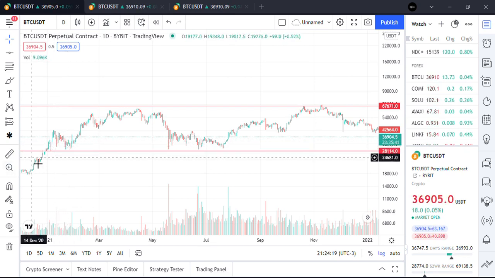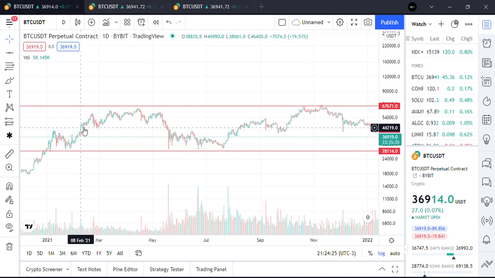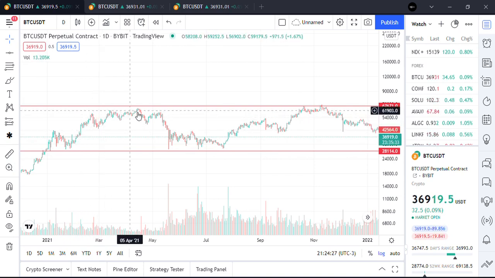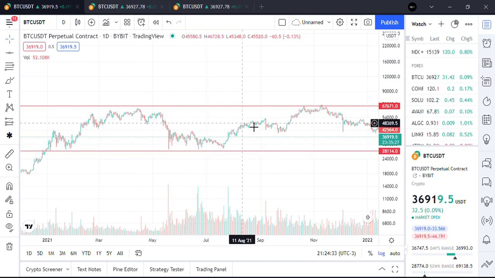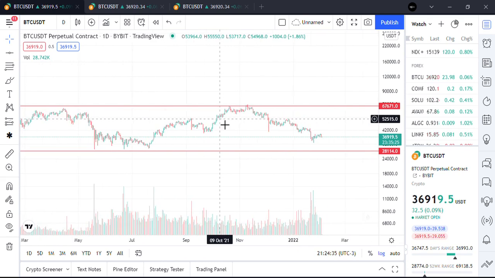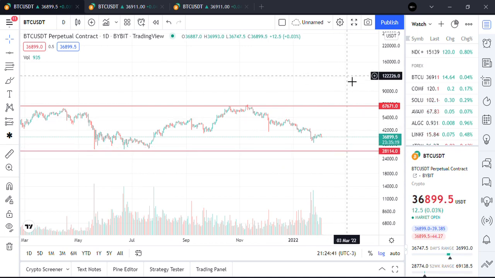Before it was resisting the line, now it has broken it, it has become a support. So like I said, price went to the upside and got to the top and came back down to the support and it rallied back up again, and it's coming back down to support again. So if price touches this support, price will be going back to the upside.